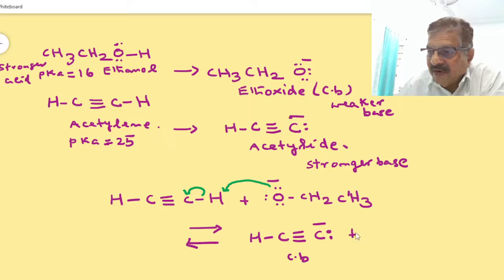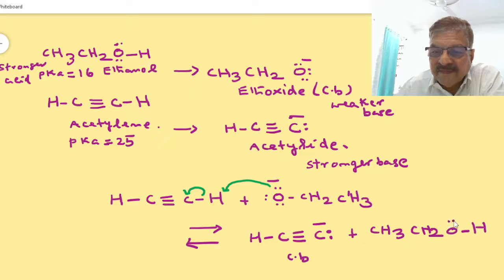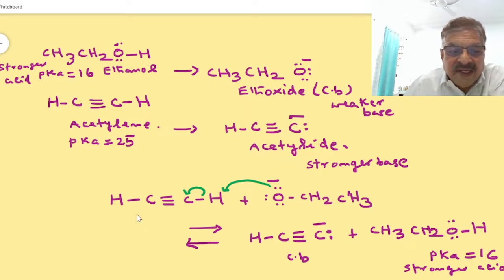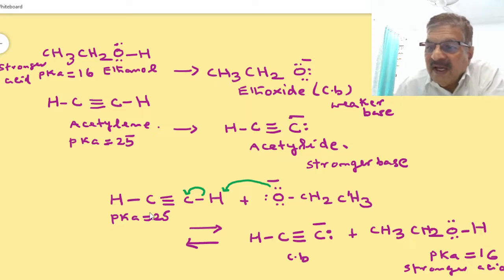Then we get ethanol. This is ethanol, pKa 16. This is a stronger acid compared to acetylene, which is pKa 25. Acetylene is a weaker acid compared to ethanol.